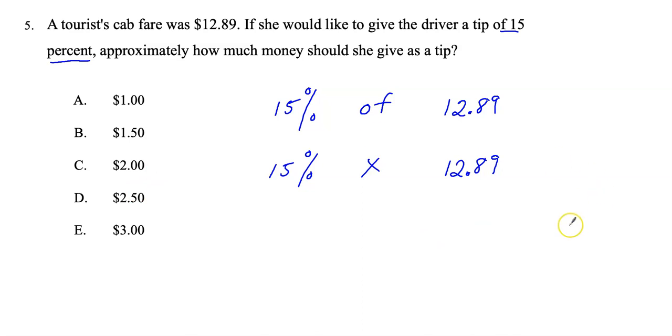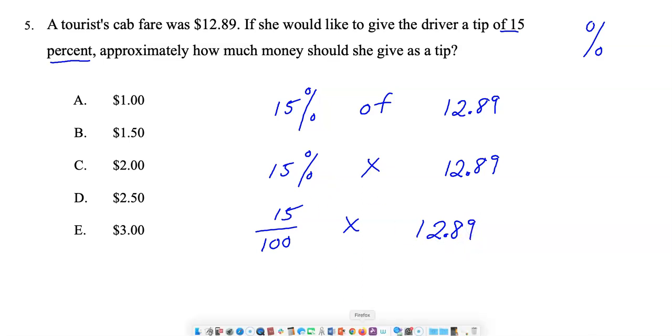Now I just need to punch this in on my calculator. I have a basic calculator, and you need to remember that percent means out of 100. That's what this means, per every 100, or divided by 100. So I'm going to rewrite this as 15 divided by 100, because that's what 15% means. 15 out of 100 times 12.89.